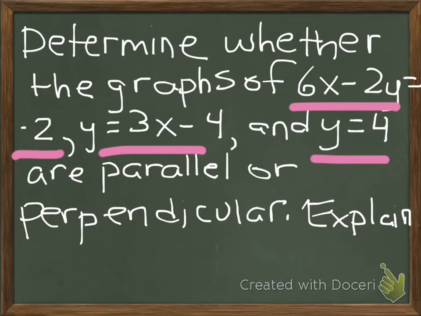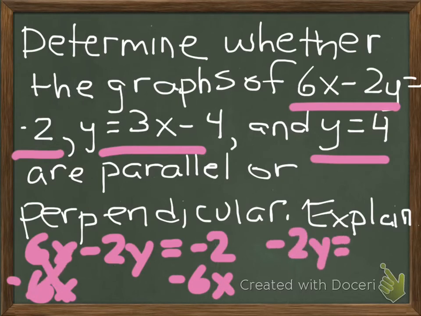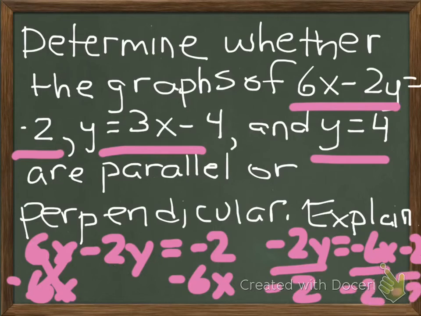So 6x minus 2y equals negative 2. We need to move the x value away from the y so that y is by itself. So I subtract it. And then I have negative 2y equals negative 6x minus 2. So I need to get rid of the negative 2 by dividing everything by negative 2.